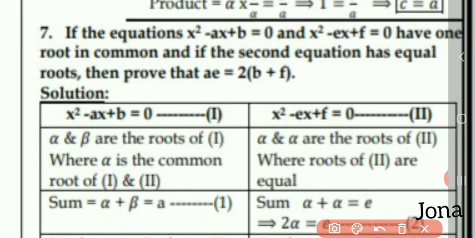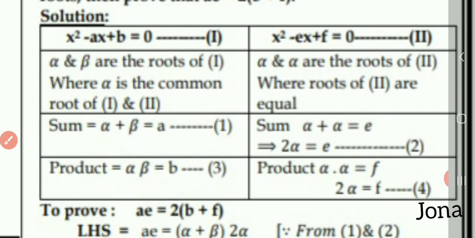Okay, first let me take the first equation, x² − ax + b = 0. Here alpha and beta are the roots of the equation, and alpha is the common root of equation 1 and equation 2.